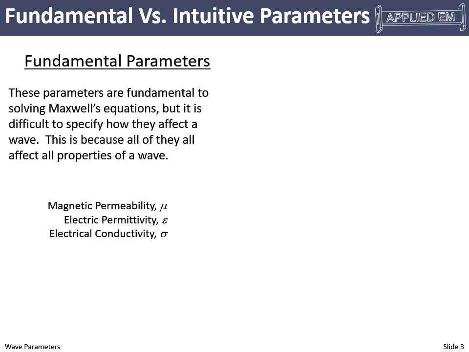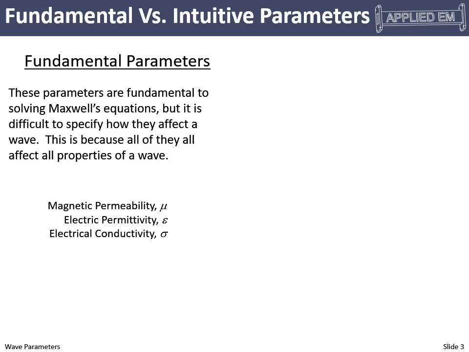By fundamental parameters, I am talking about the material parameters that appear in Maxwell's equations. Specifically, it's the permeability, the permittivity, and the conductivity. Those are very fundamental to Maxwell's equations, and if we want to solve anything electromagnetically, these are the parameters that we need. The problem with them is that they're not very intuitive.